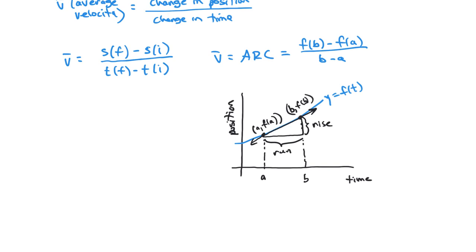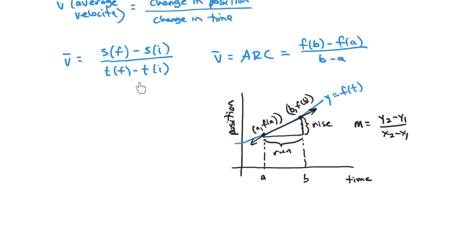And if we use the slope formula, y2 minus y1 over x2 minus x1, we use this formula here. Y2 is going to be f of b minus y1 is f of a, which is right here, f of b minus f of a, over x2 minus x1, over b minus a. So this is just the slope formula. With a position versus time curve, though, that slope formula gives the average velocity.